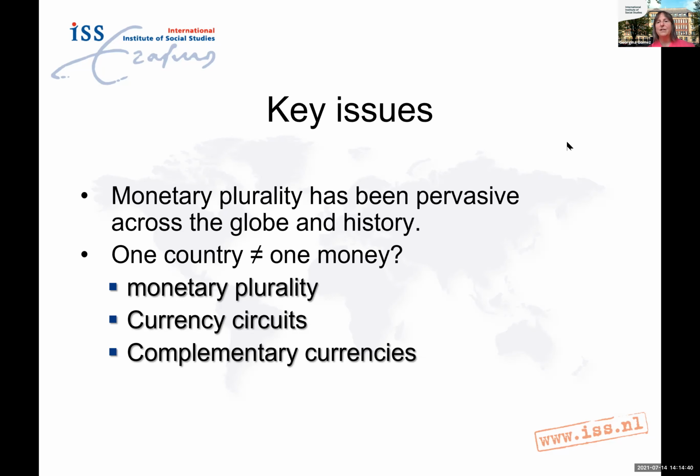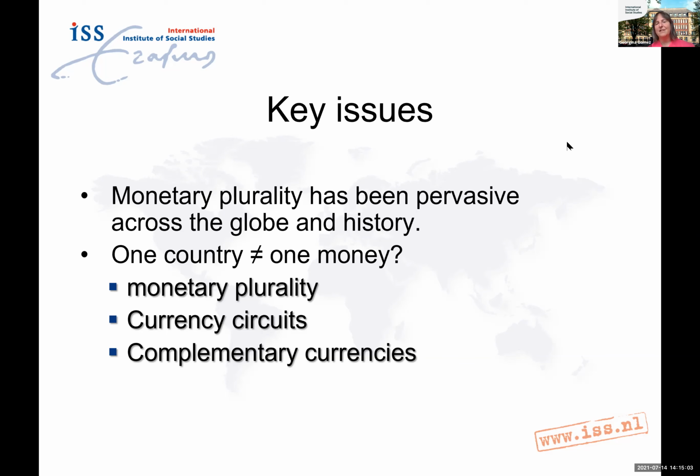This is something that we are taught, that looks so evident that nobody actually questions it. However, if you study history, what you see is that this idea of one country, one money is actually a very new institution. It hasn't been around for more than, well, not even 200 years. When countries could actually settle their sovereignty and express their sovereignty through having one type of money and one central bank.